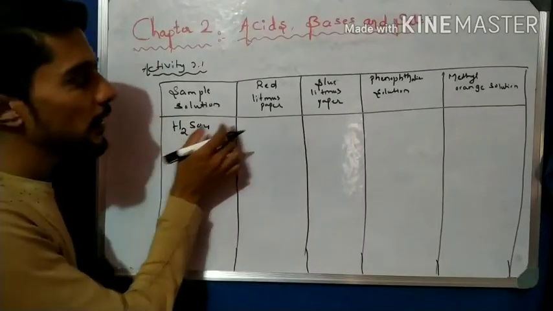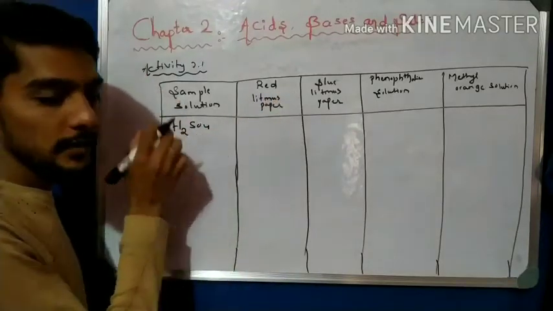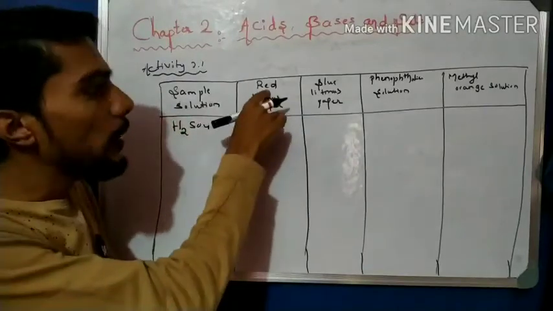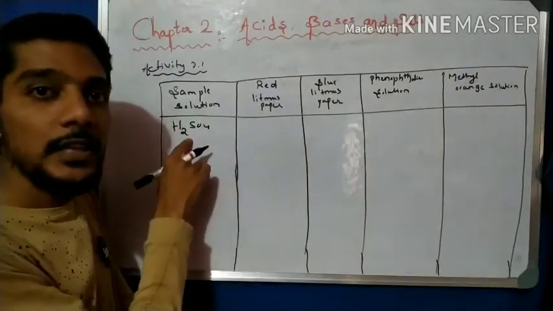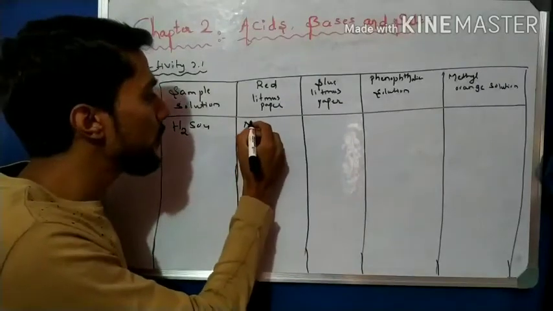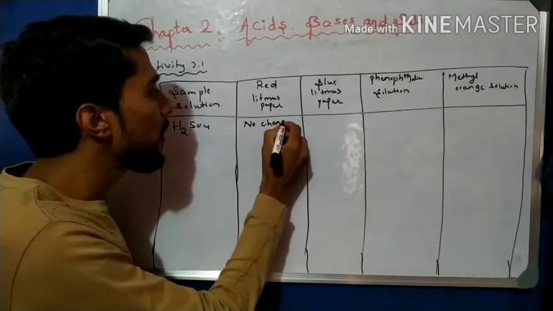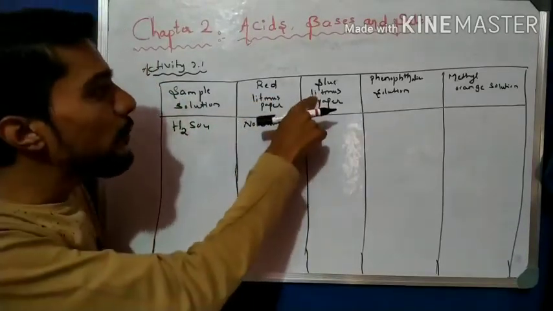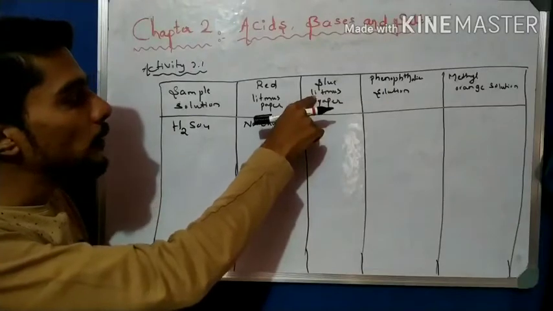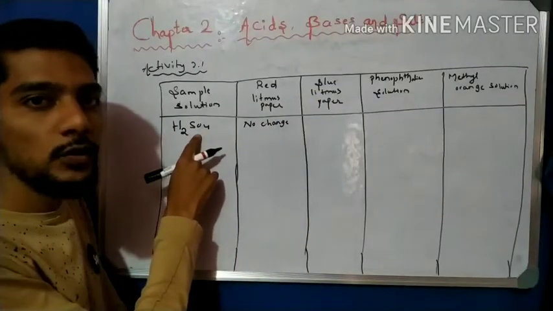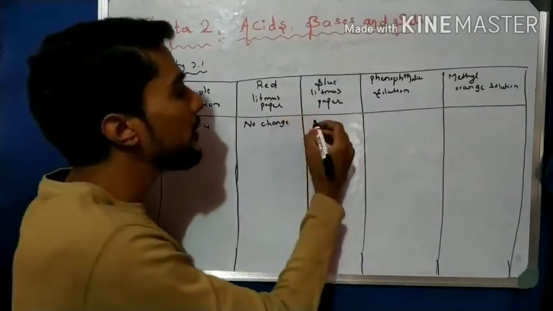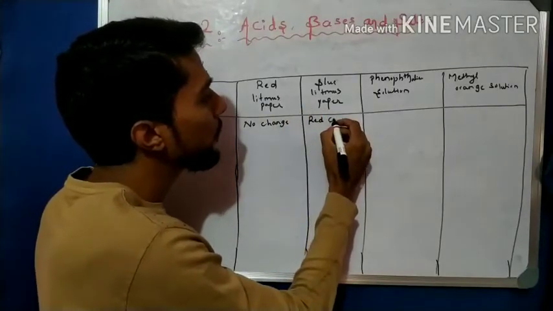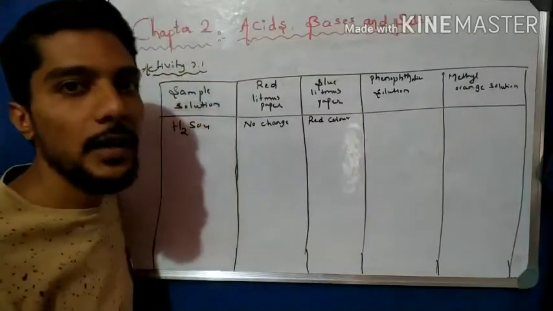Take sulfuric acid. Now red litmus paper, what happened in sulfuric acid? Did it change? Red paper kept in the acid shows no change in color. Red is as it is, red. Now when blue litmus paper is dipped into the H2SO4 solution, what happened? It turns red.